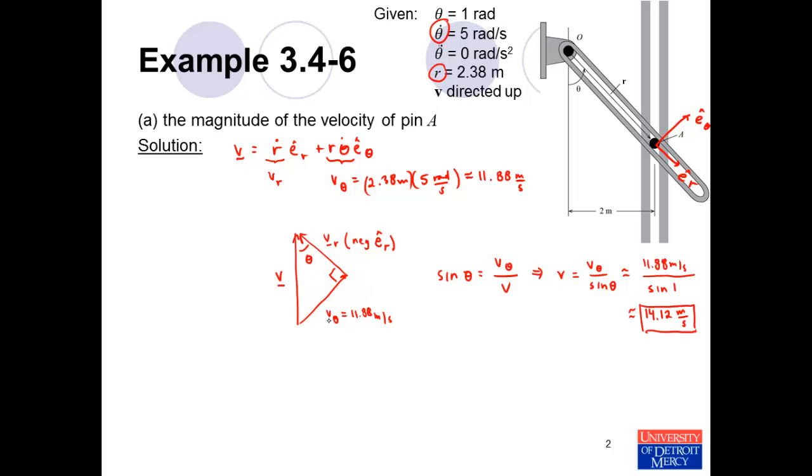We knew the angle, we knew the opposite side, and we wanted to find the adjacent side. We could use tangent. So tangent of theta is opposite over adjacent. We solve for the radial component: we multiply v_r to the left-hand side and divide through by tangent of theta.